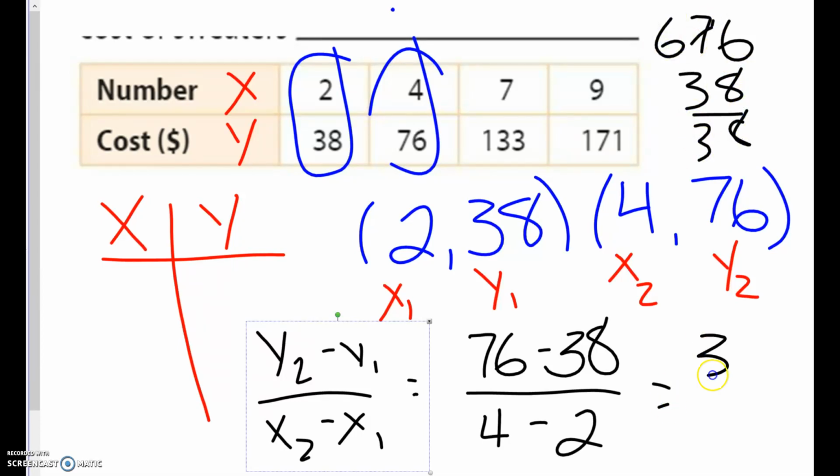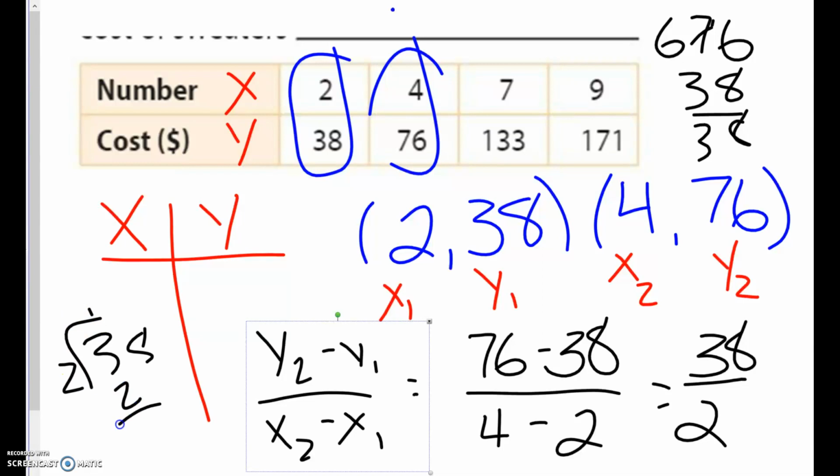Yes. That's 38 divided by 2, which is going to give me, let's see, 19. So this means that I can buy one shirt for $19.